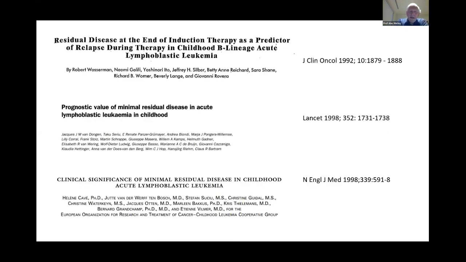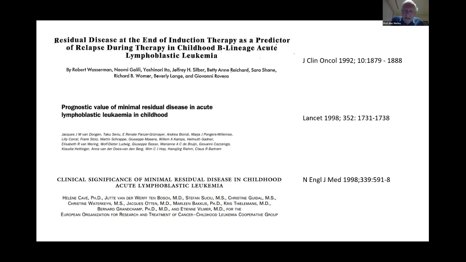And these were the early studies. Wasserman and colleagues in 1992 studied a small group of patients and found that the level of residual disease predicted outcome.